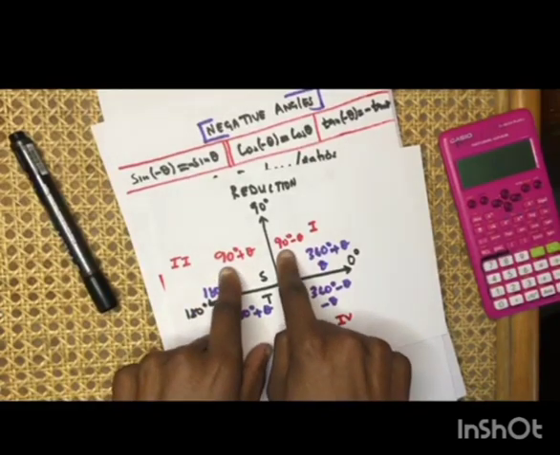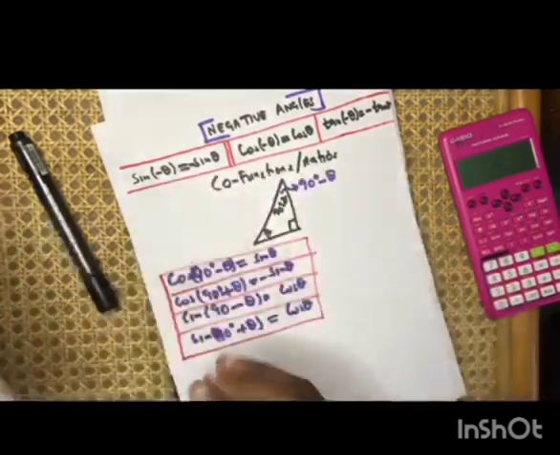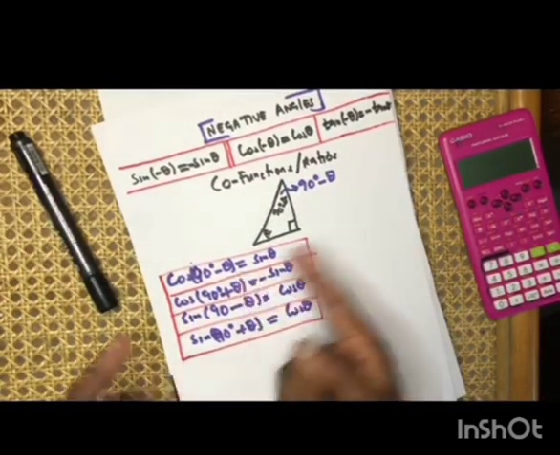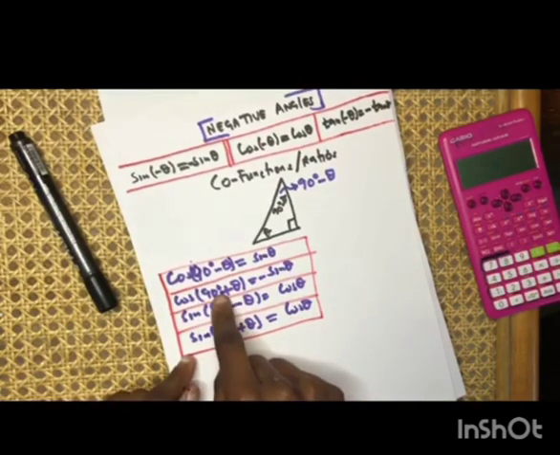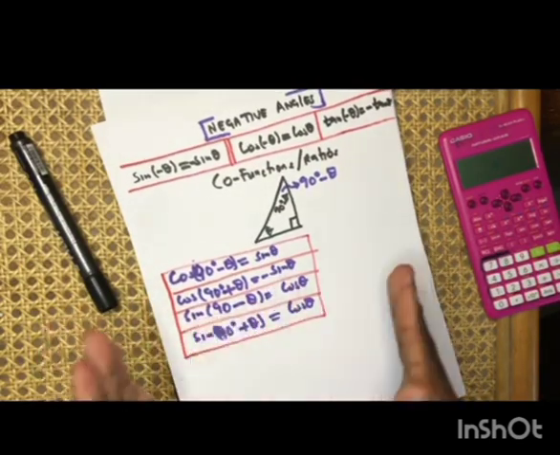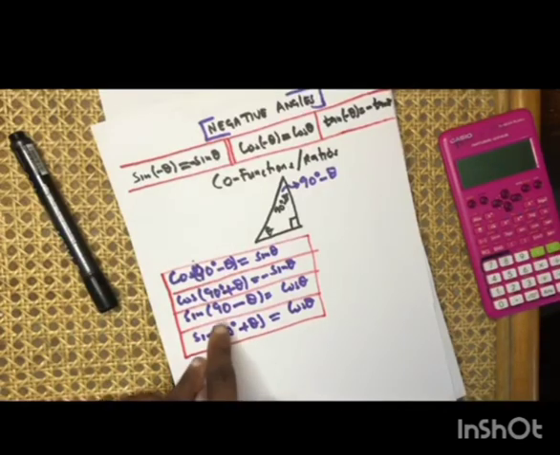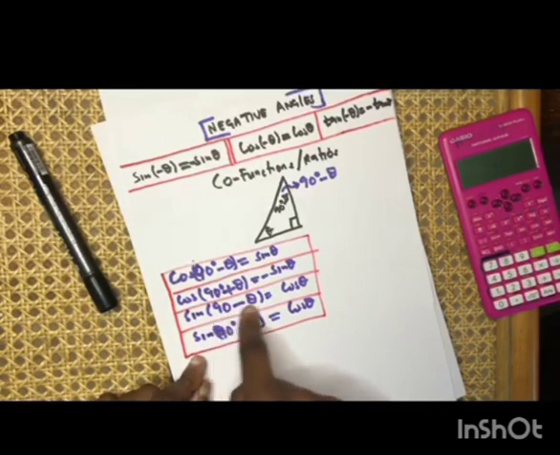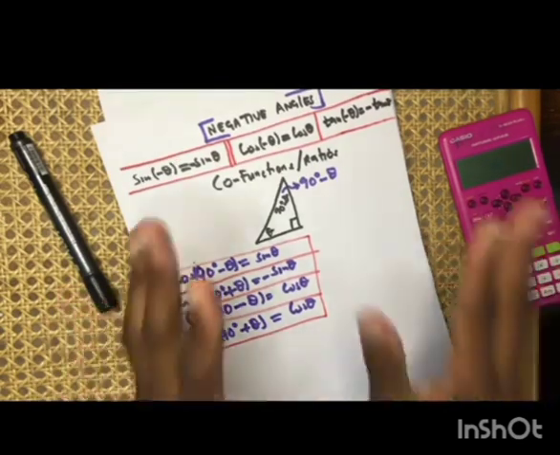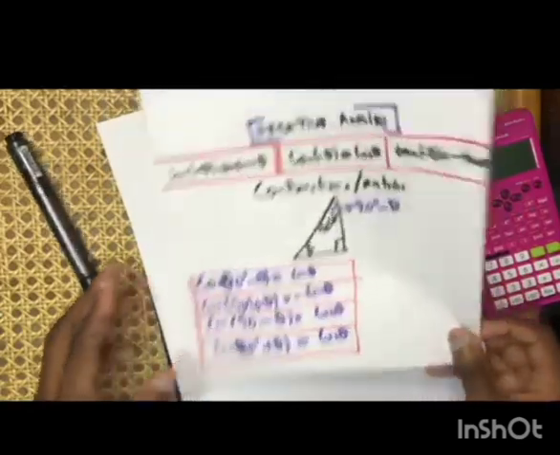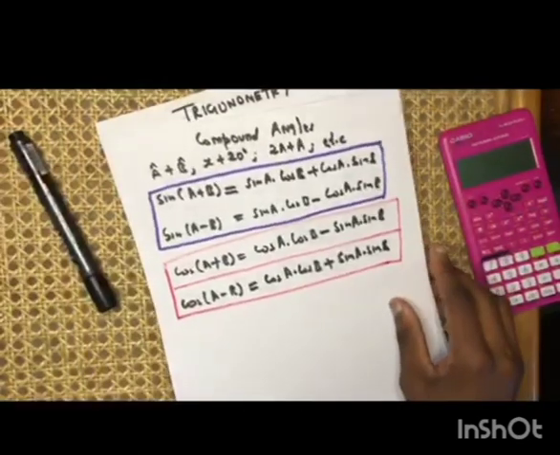So cos 90 changes to sine, and sine 90 changes to cos. But you have to consider where we find this angle using your reduction.